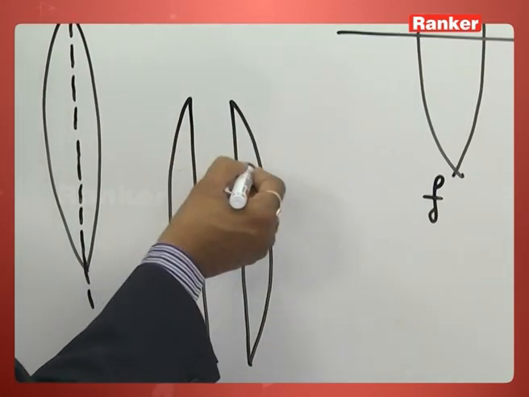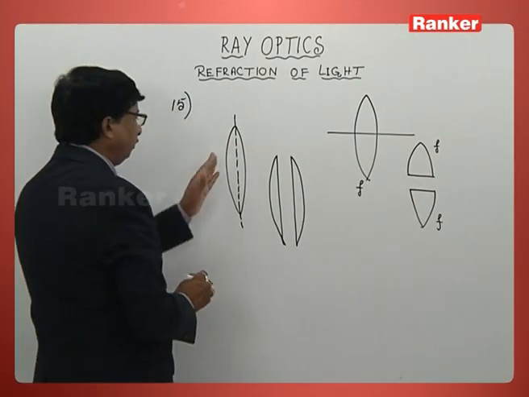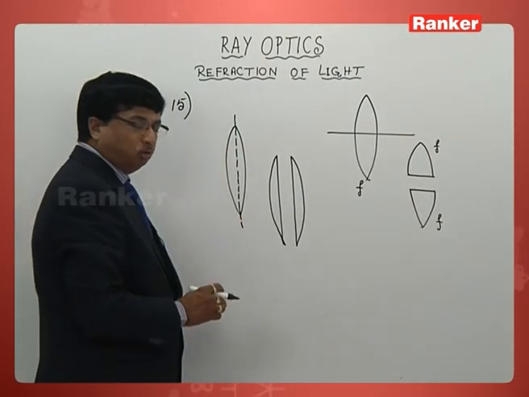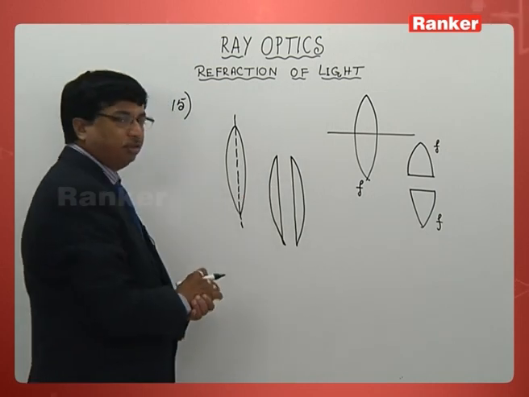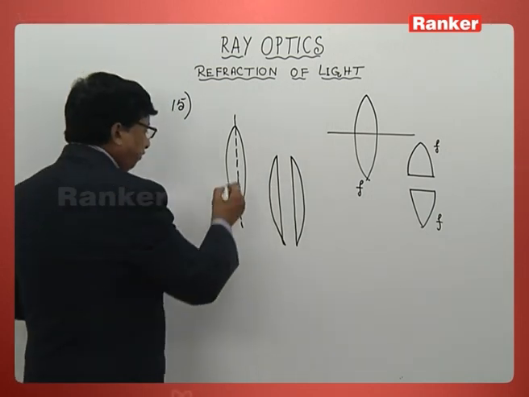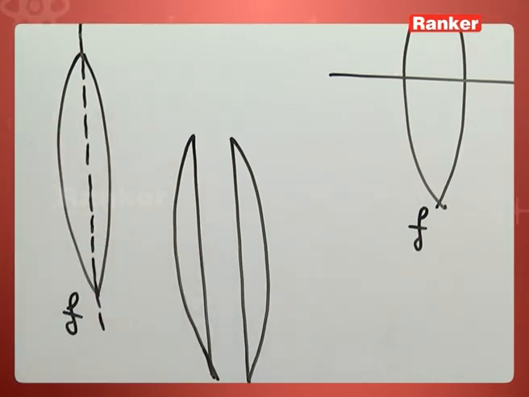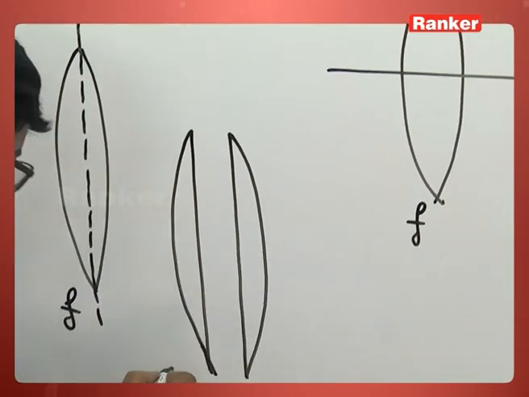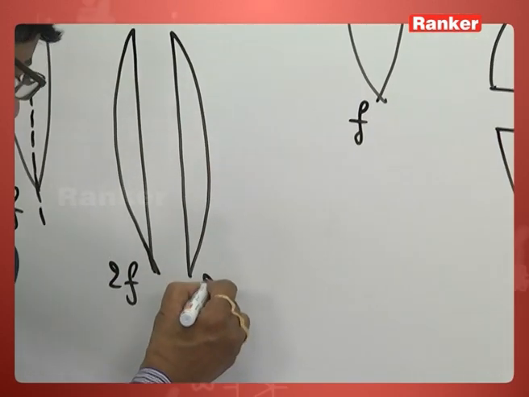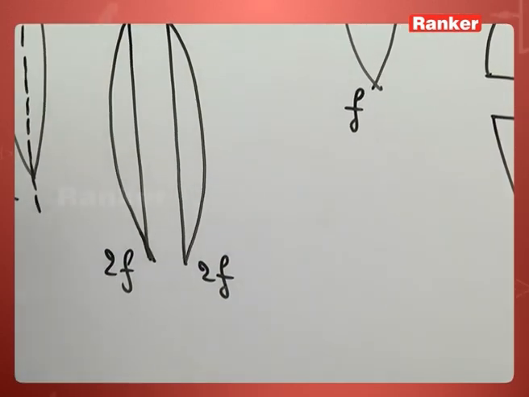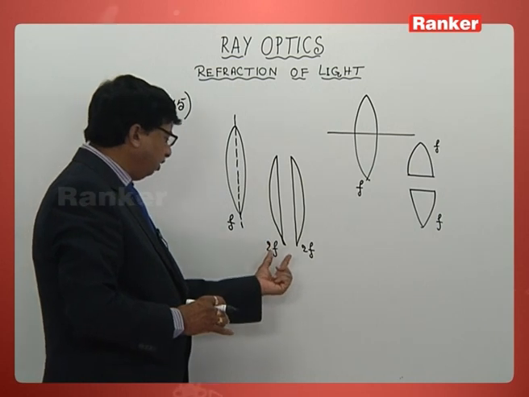This is one plano-convex lens, this is the other plano-convex lens. If I say the effective focal length of the original lens is f, this one will have a focal length 2f and this one will have a focal length 2f.